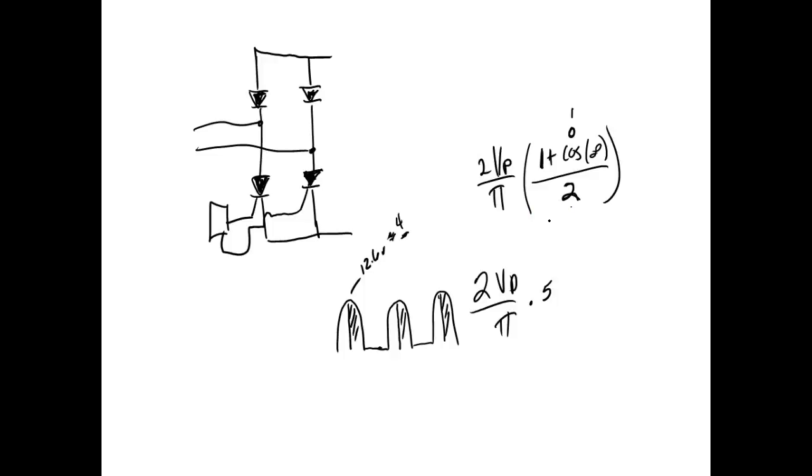So a firing angle of 0, that's going to be 2 divided by 2. And then that's going to be 2 V peak over pi. So something's still wrong there. I'd have to look over there. Because it looks like the half wave. So what does it say for full wave? What's the formula for full wave?